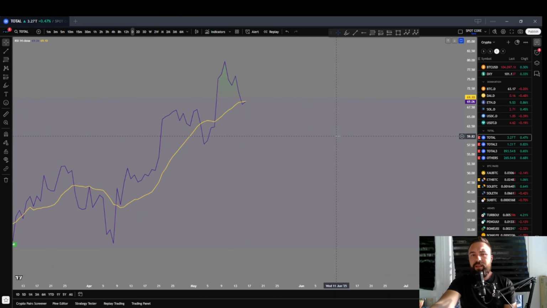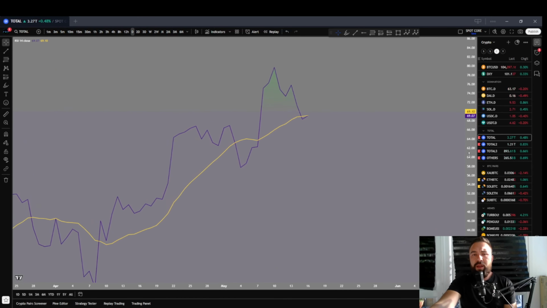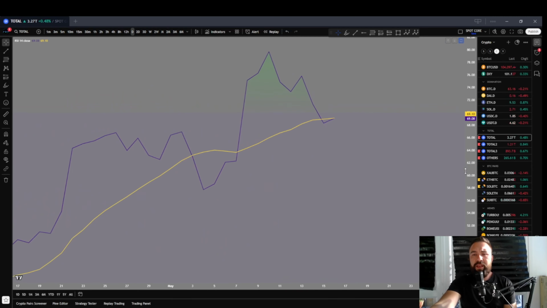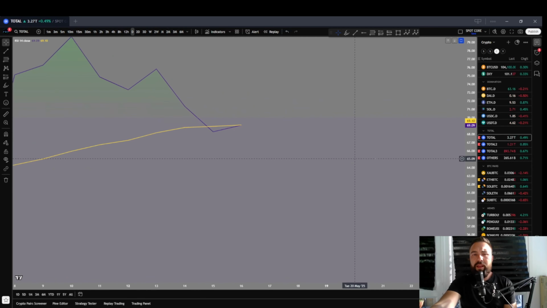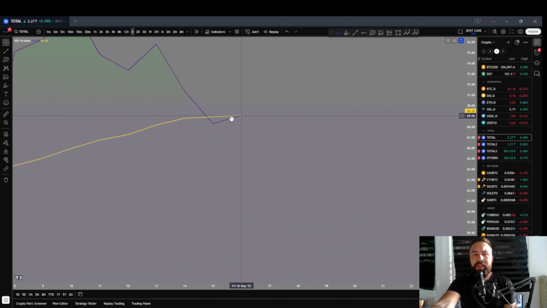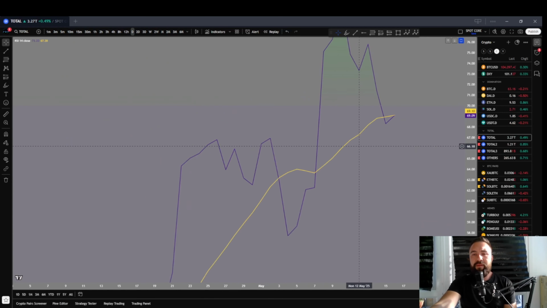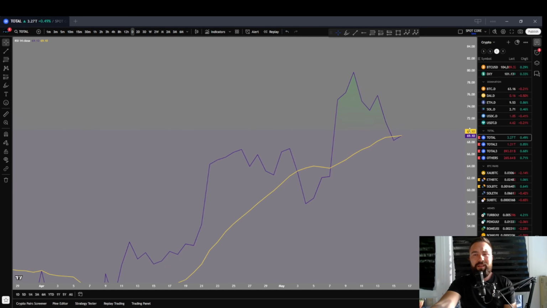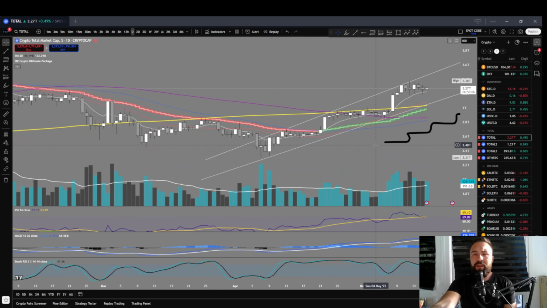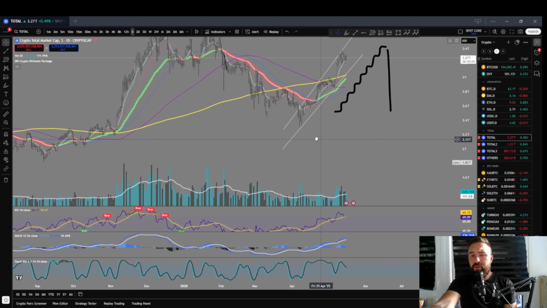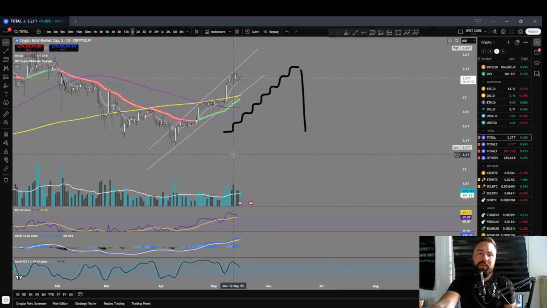RSI, on the other hand, dipped slightly below and is trying to retest that yellow line. What we want to see is it break through the yellow line and stay above it. Whenever it is below it, it is bearish, guys. So for now, bullish, but I would say be cautious.